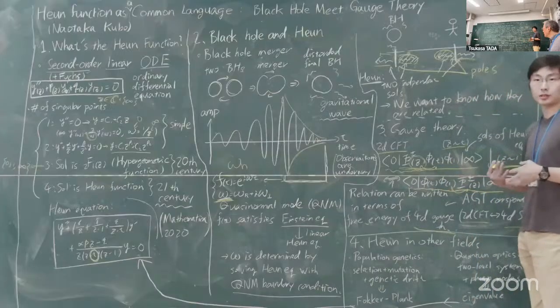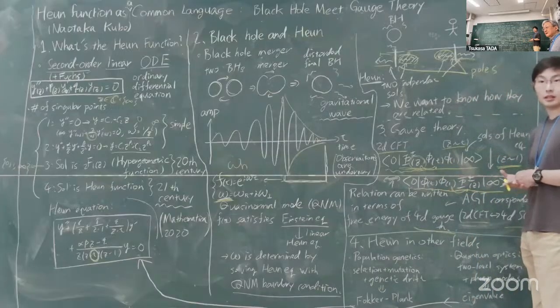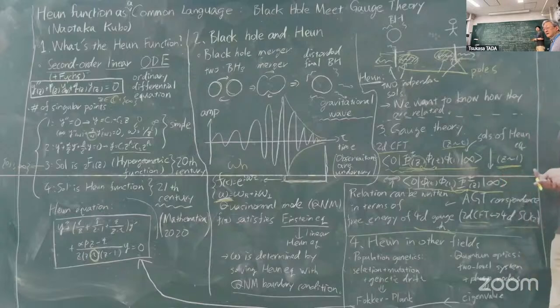I see. Then the question is, what physics does the monodromy data encode? Do you have any idea? For example, in the case of conformal field theory, in some contexts it represents the chaotic behavior of the CFT.